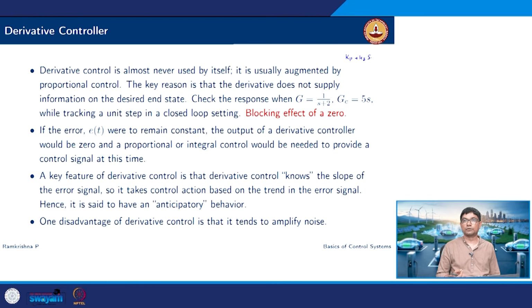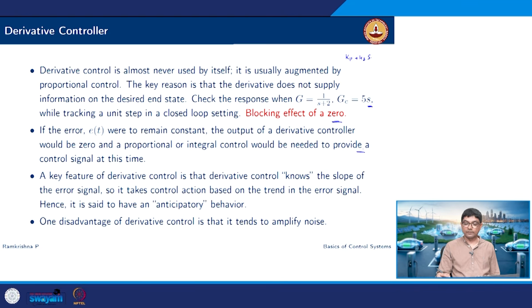So if the error is constant at the steady state, the derivative output will just go to 0. That is also called the blocking effect of a zero. If the error were to remain constant, the output of a derivative controller would be 0, and a proportional or integral control would be needed to provide a control signal at this time. That is another feature of this one.